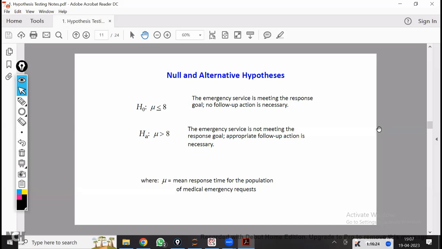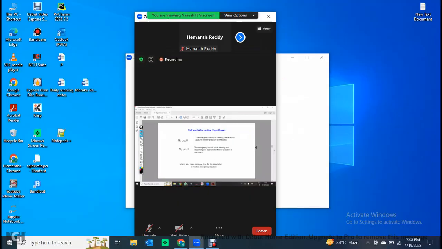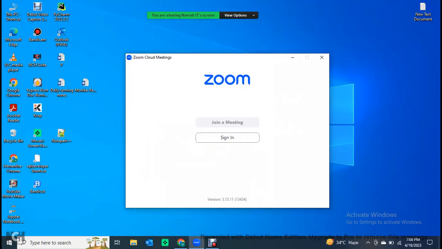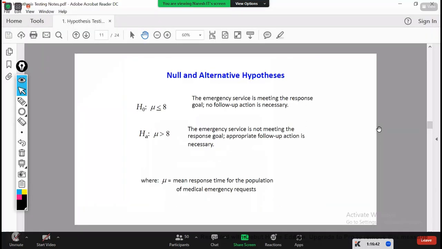Whatever emergency service they have started, it is fulfilling its purpose, and they are happy with their services. If it is not satisfying, they'll identify where the mistake was and act accordingly. Is that clear? How to formulate the null and alternate hypothesis?